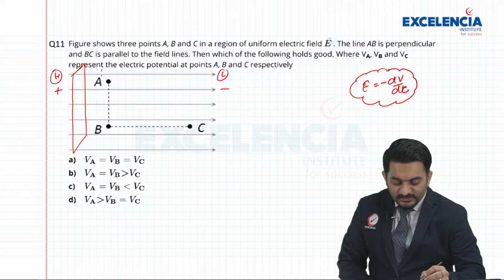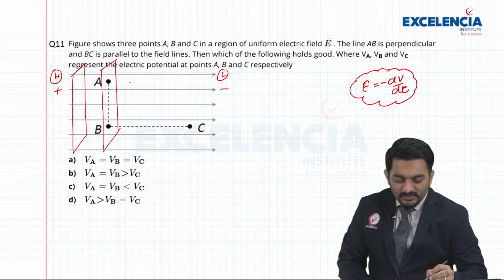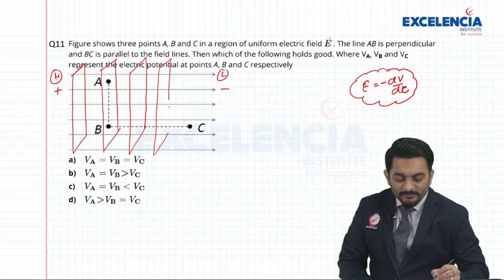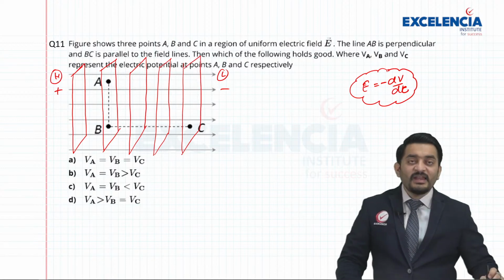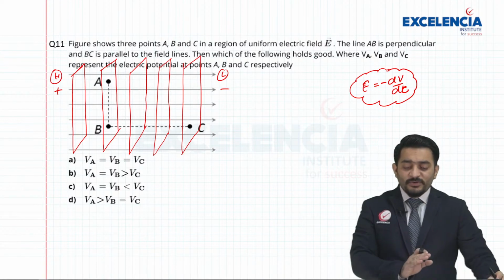I have shown you that if you want to visualize the potential, you can draw vertical parallel planes, which tell you that on these plates your potential value is going to be the same. Everywhere on this plate, if you take any point, the potential value is the same.